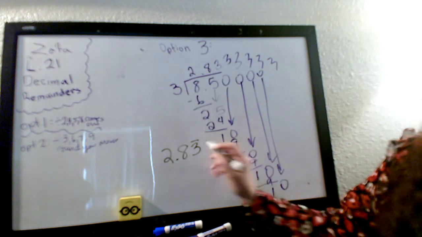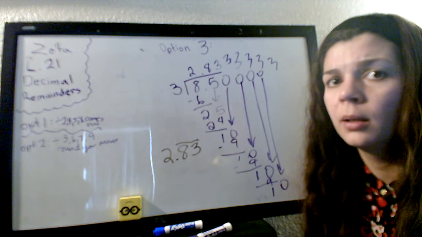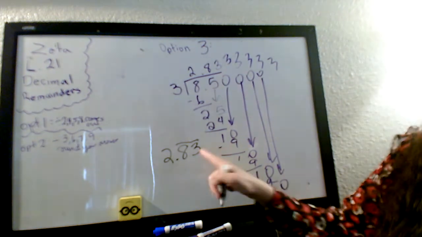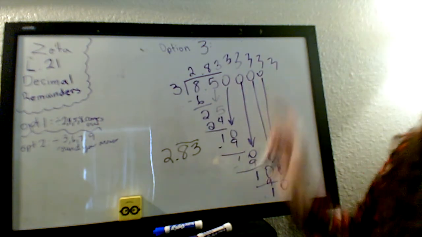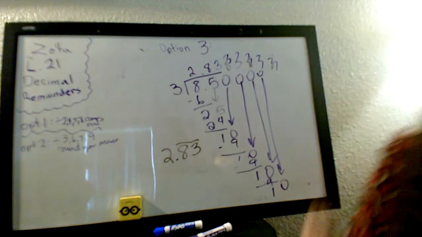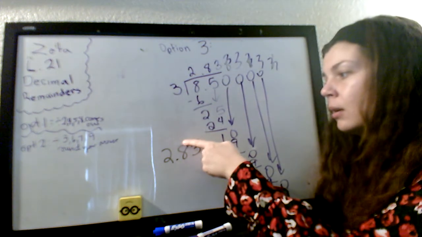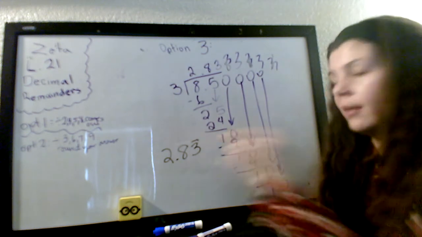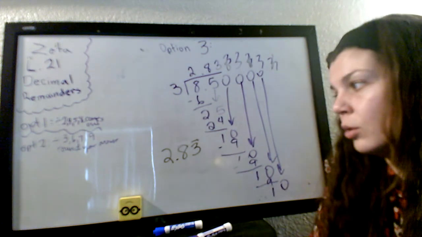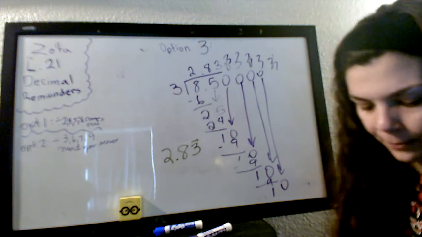But what about if you put your line all the way over? That tells me that instead of just the 3 repeating, it's actually 3, 8, 3, 8, 3, 8. It's all about patterns. So this line tells me my 3 is repeating. So 2.83 repeating. That's what you would say with that.